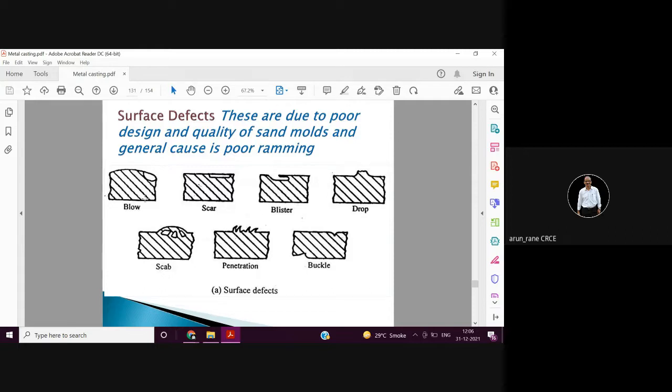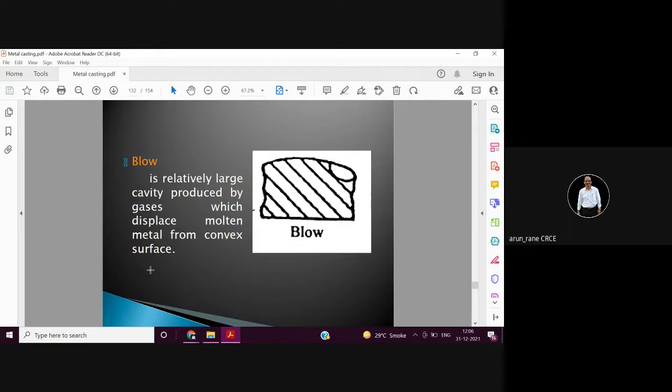These are the names of the defects: blow, tear, blister, drop, buckle, penetration, scab. These are the defects which are explained one by one. What is blow? This is a large cavity, a cavity that is mainly produced by the gases.